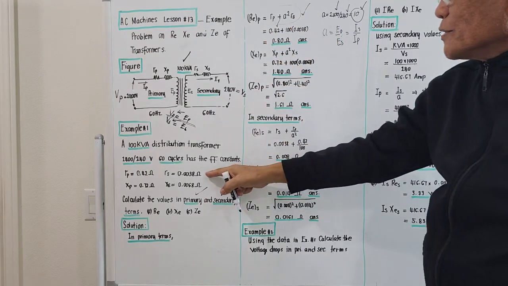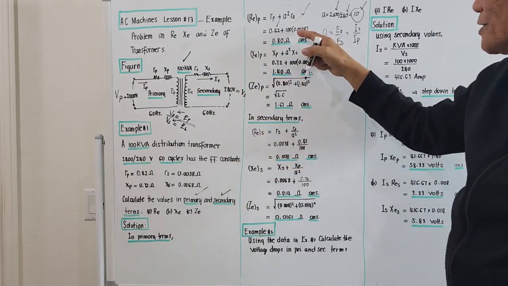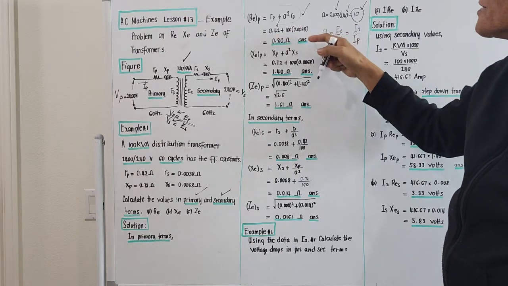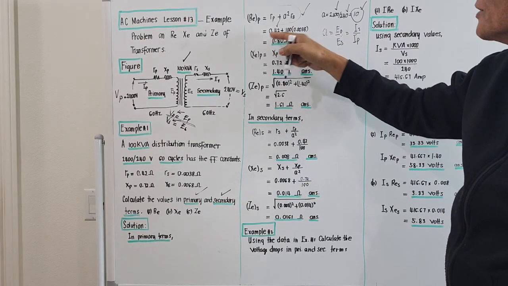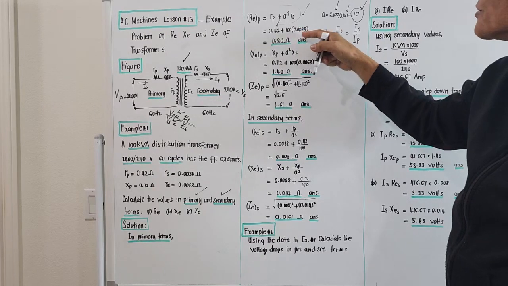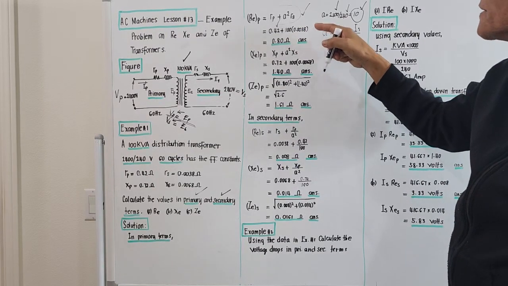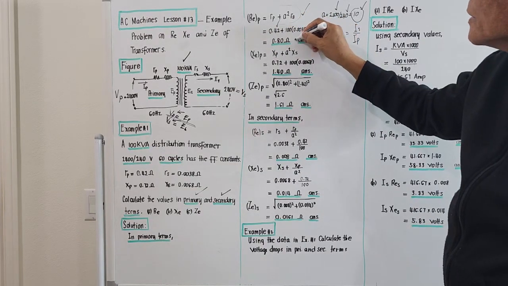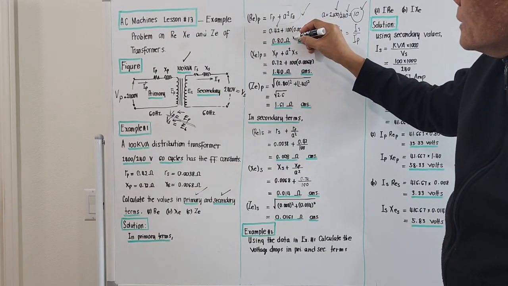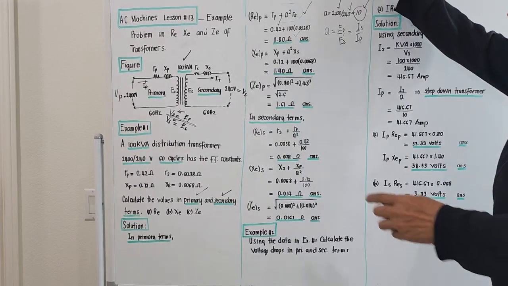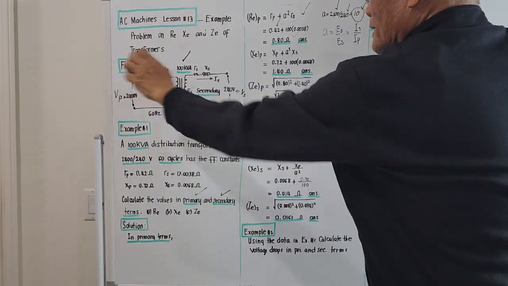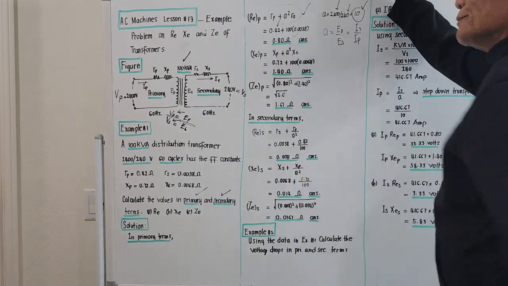R sub S is 0.0038, so this is multiplied by 0.0038. If we try to add this, it should be 0.42. We move this one 2 places to the right, it will be 0.38. 0.42 plus 0.38 is 0.80 ohms. So the equivalent of R sub P and R sub S referred to the primary is 0.80 ohms.